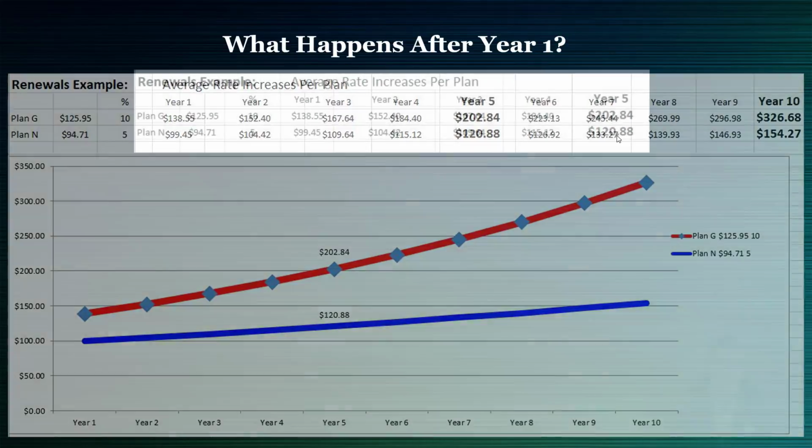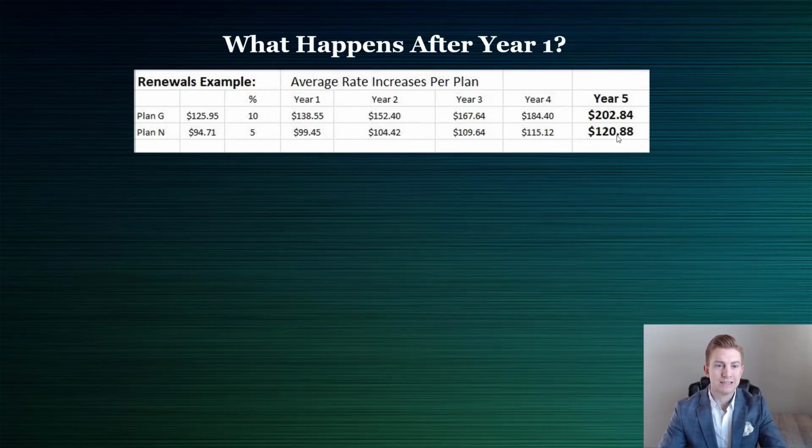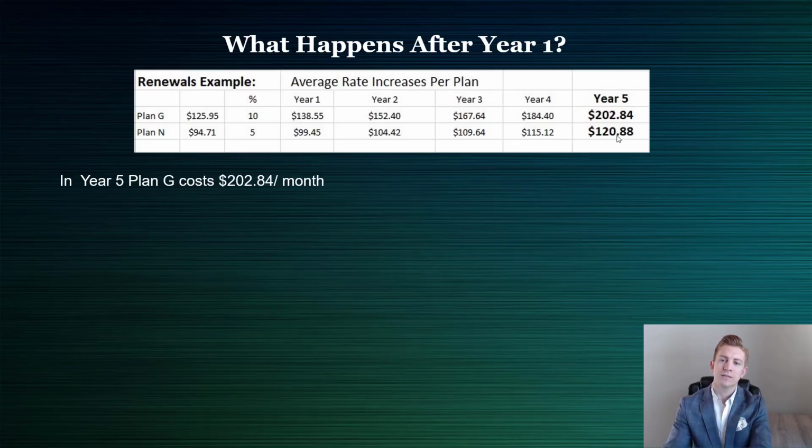Well, let's take a look at just a 5-year window and see how that difference in premium actually can break down. Before we were talking, that difference, remember, was about $375 for the year. And it came out to a break-even point of 19 doctor visits. Well, let's see how that goes as we get into year 2, year 3, year 4, and in this example, year 5. Plan G would cost you $202.84.